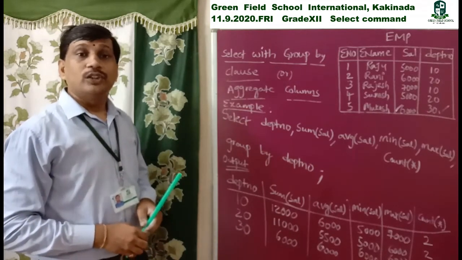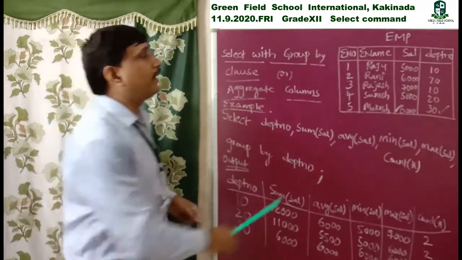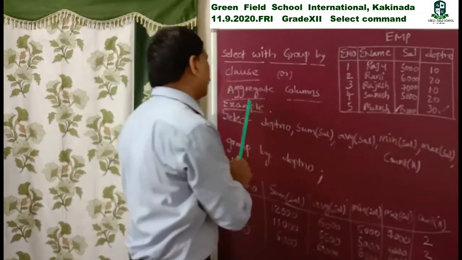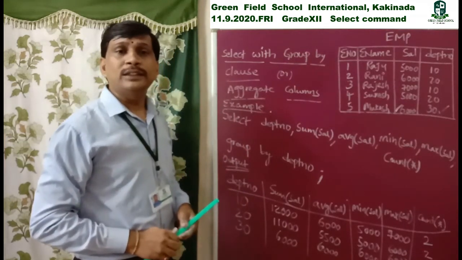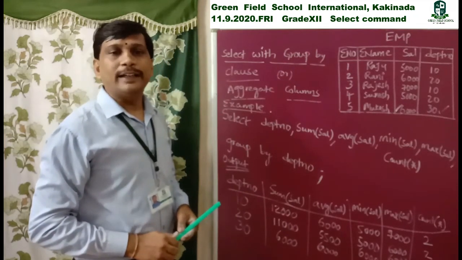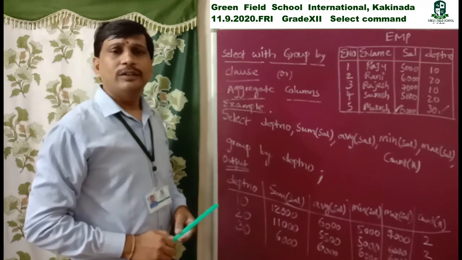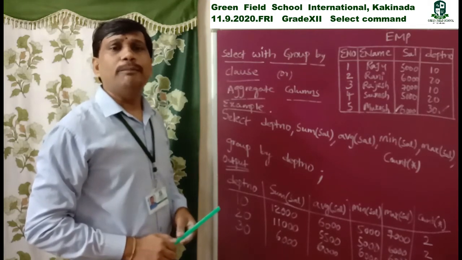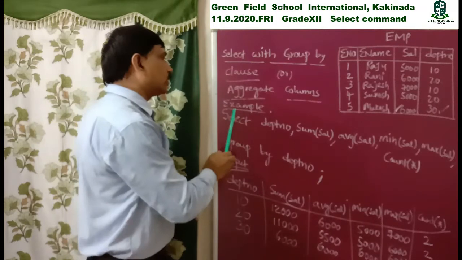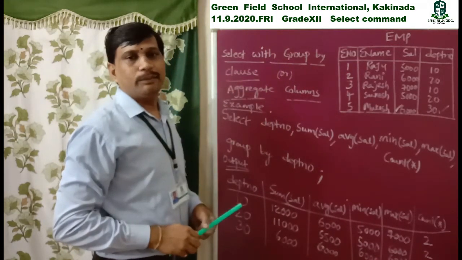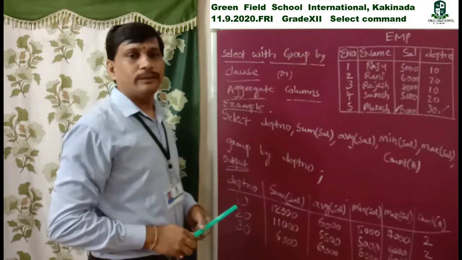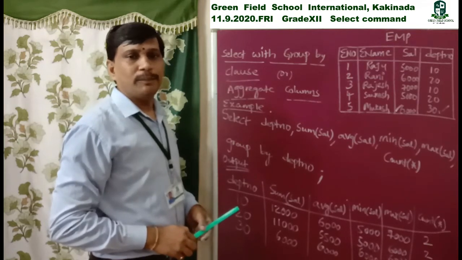Understood my point? Here I divide the entire table by using grouping, group by. When we require to divide the entire table into a number of parts, then we use the group by clause in the select statement. This is one of the important concepts in the select command.